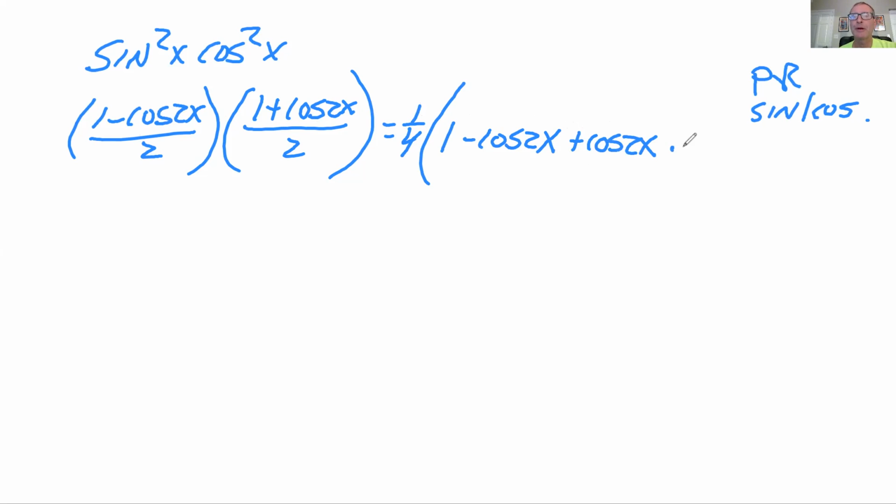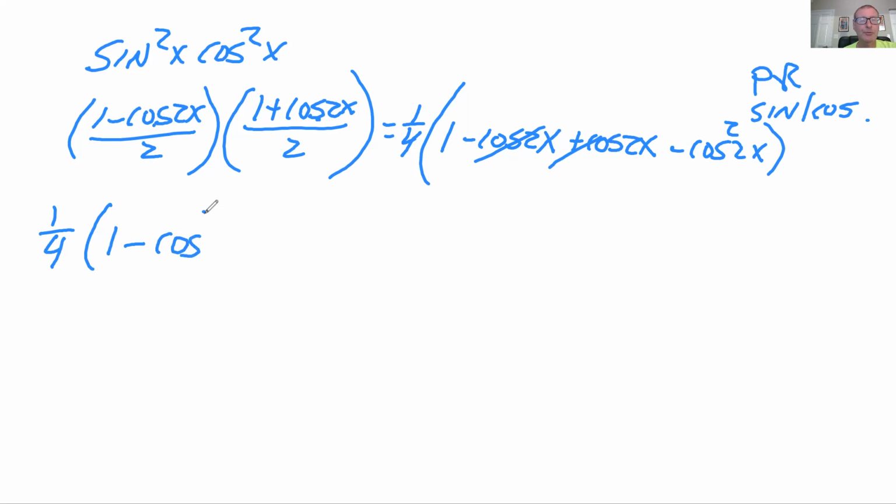And then it would be minus cosine of 2x squared. Right? Cosine of 2x and cosine of 2x is cosine of 2x squared. So what's nice about this is these center terms cancel. And you can think about having 1/4, 1 minus cosine squared of 2x. So unfortunately, we got to do this one more time.